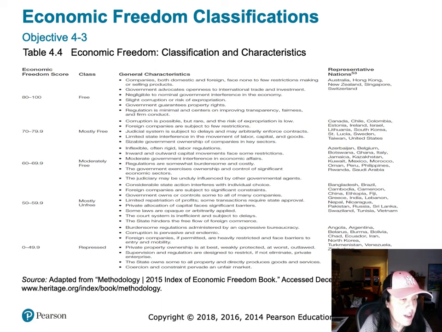They have the economic freedom score that ranges from 80 all the way to 49.9. So these numbers also correspond to different classifications of freedom, right? So we have free economies, mostly free, moderately free, mostly unfree, and repressed economies. So look at the countries listed under each class. We will talk about it in the next slide.